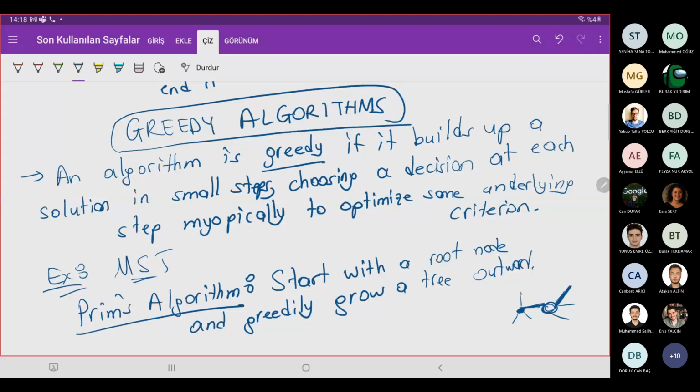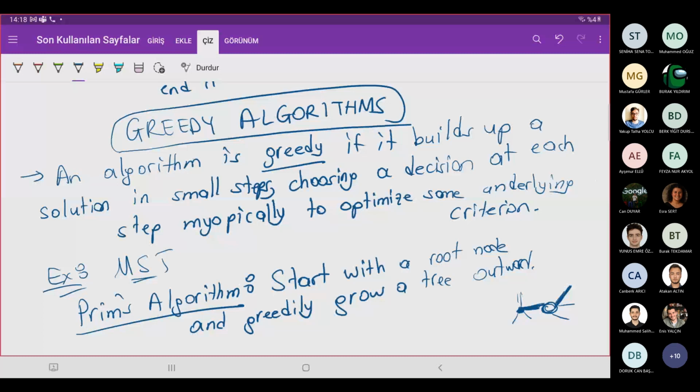Just remember, okay? That's why it's greedy, because first of all, it builds up a solution in small steps. You pick one edge at a time, always, and you choose a decision at each step myopically. For example, I pick the edge that has the minimum cost here, but I don't know, maybe in the future, it will lead me up to edges with very high cost, right?